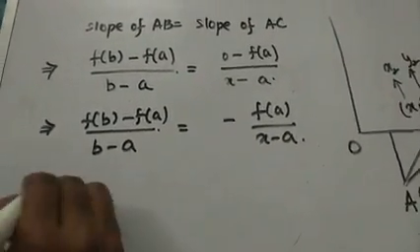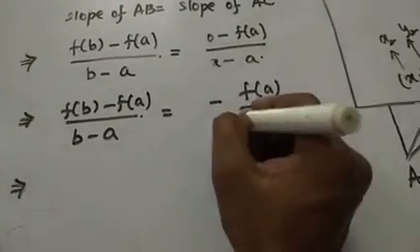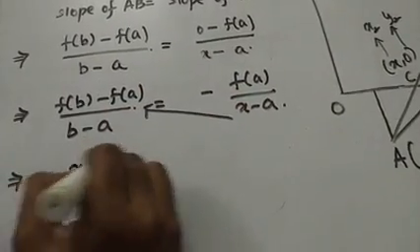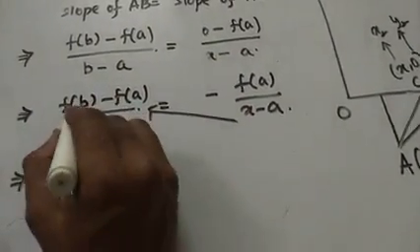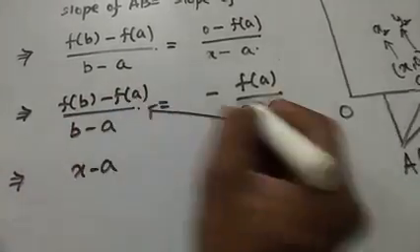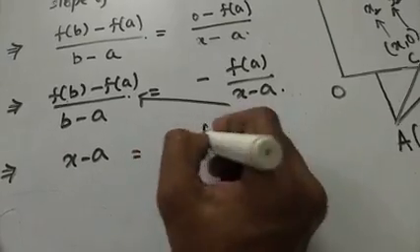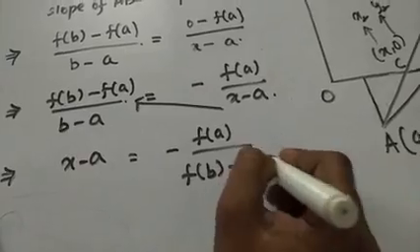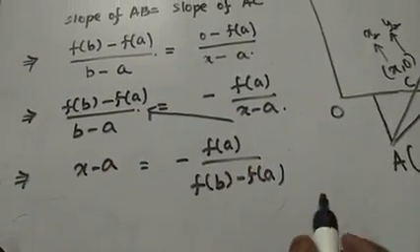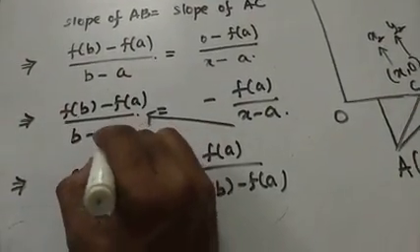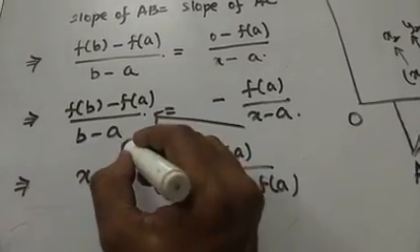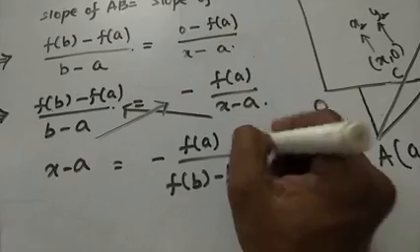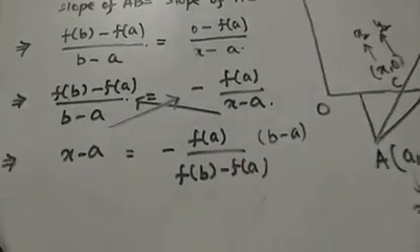Okay, now we just simply do the cross multiplication, nothing else. Take this term to this side, that means x minus a equals minus f of a by f of b minus f of a, just interchanging by cross multiplication. With that step, this b minus a, which is in the denominator, goes to the numerator, so it comes in the form of multiplication.